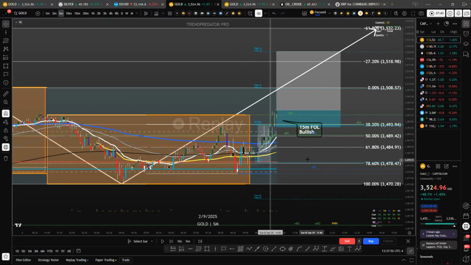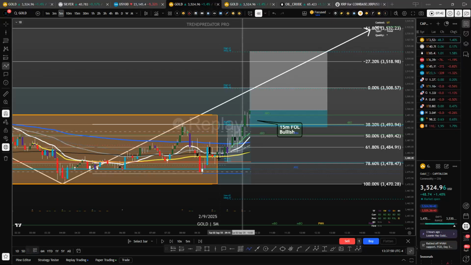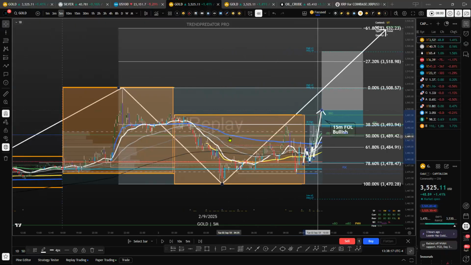So just being patient, and that gave us a coil into the opening range. Then we broke out through the VWAPs from London and Asia on the good side of the 20 EMA, which is the white line. And that's our setup.